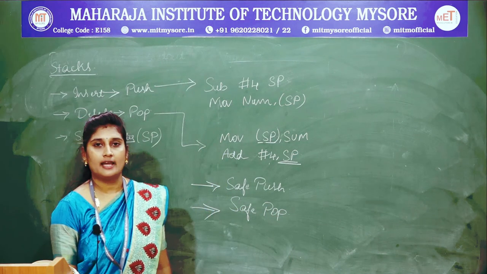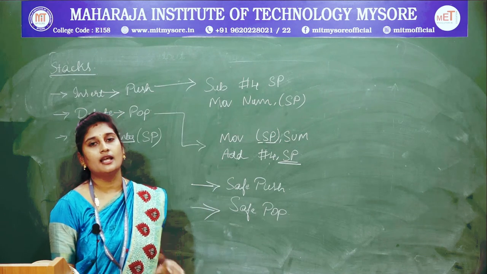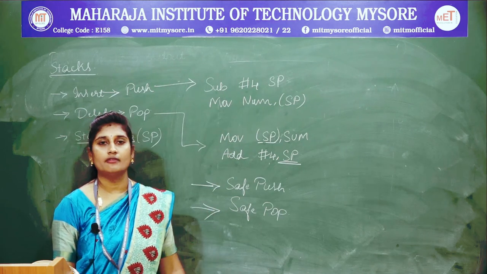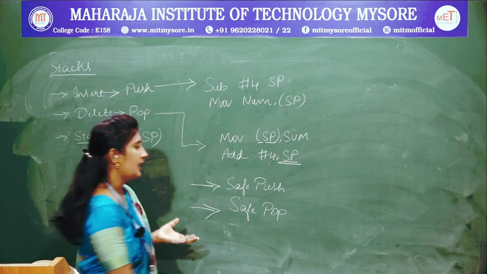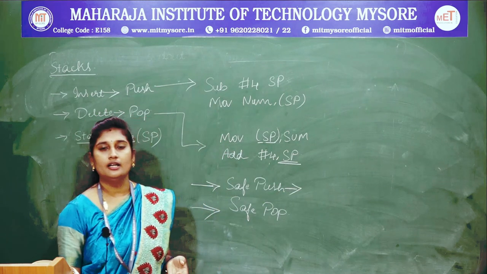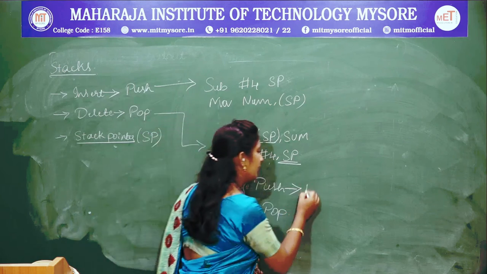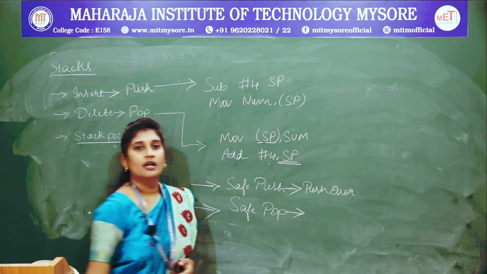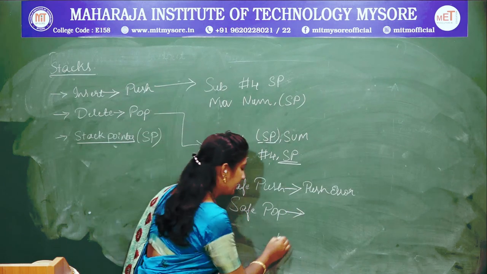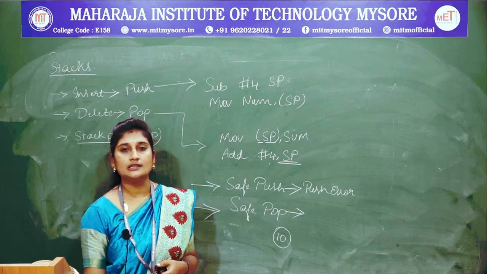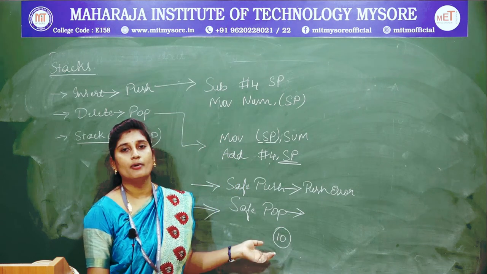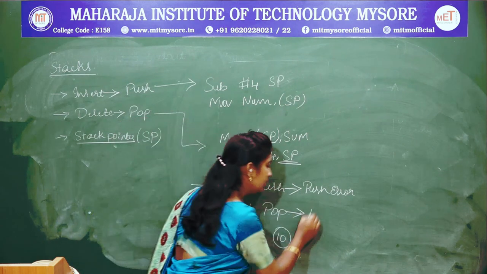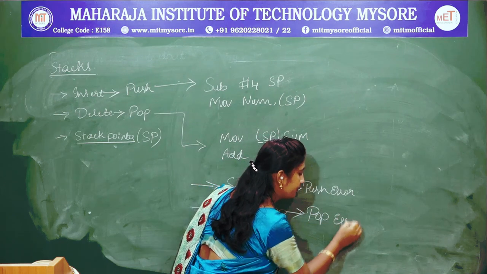So what do you mean by safe push? So I can insert an element to my stack only up to a certain limit. If my stack is full and again I try to insert an element, I will get a push error. Next, if in my stack there are 10 elements and I have popped out all the 10 elements, and again I try to pop out an element from my stack, then I will be redirected to an error called pop error.